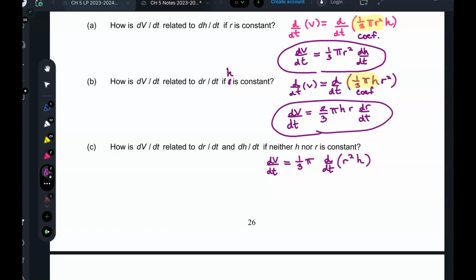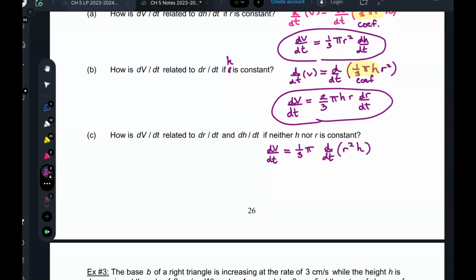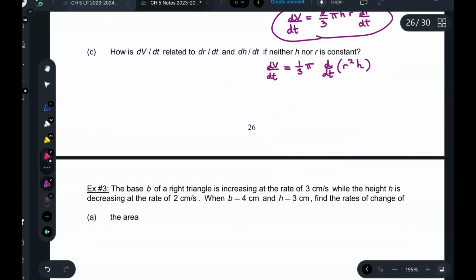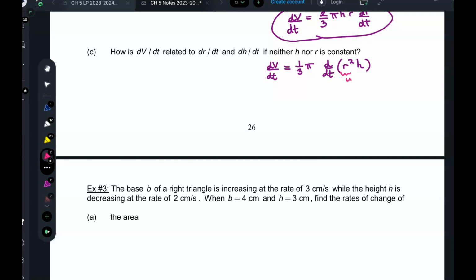But the 1/3 pi, you can keep it inside or out. It doesn't matter. Now we have a u times v situation. This is going to be our u. This is our v. So I'm going to leave 1/3 pi.